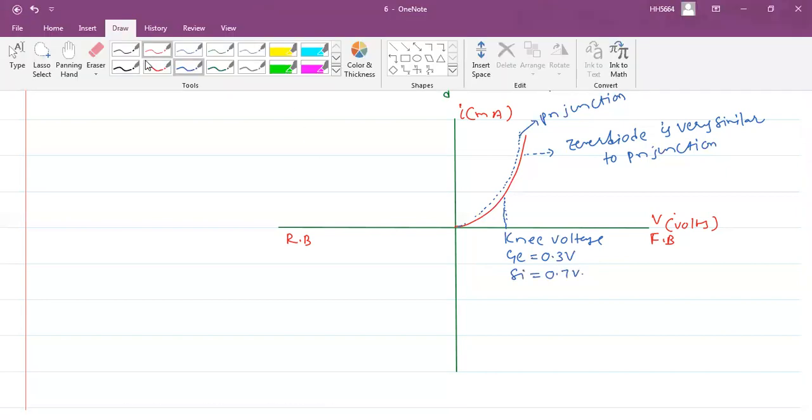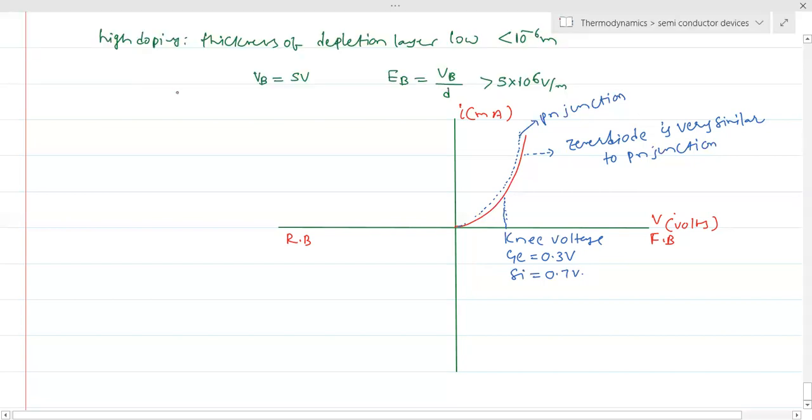Now we are focusing on reverse bias. In the reverse bias, what happens? We will comparatively study both the PN junction diode and the Zener diode.